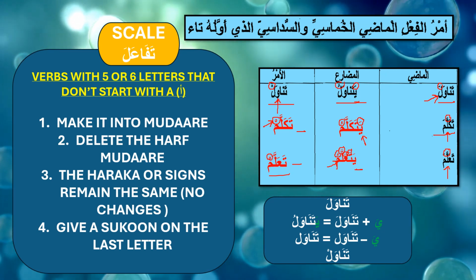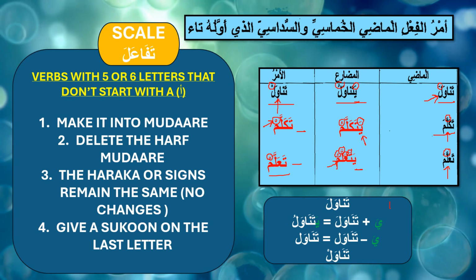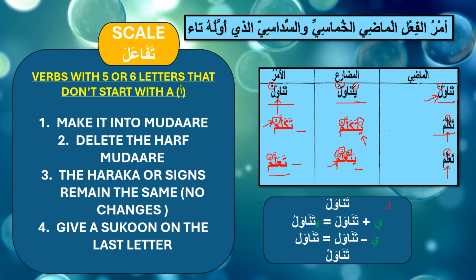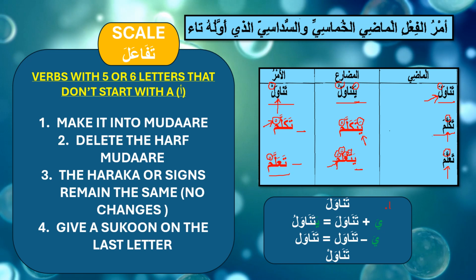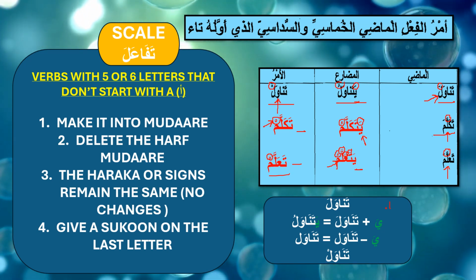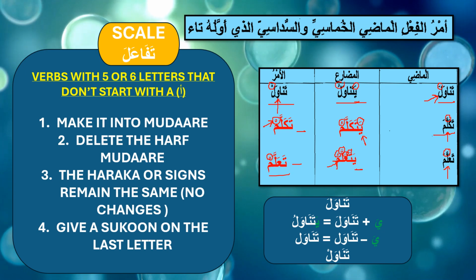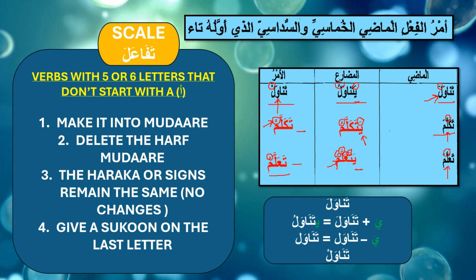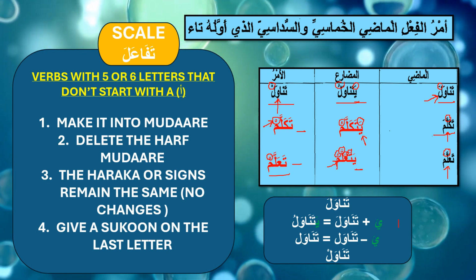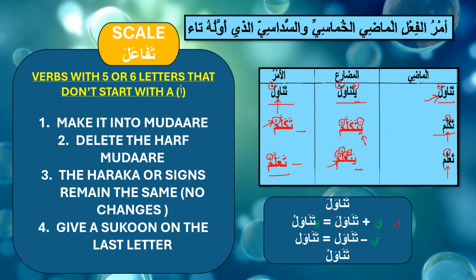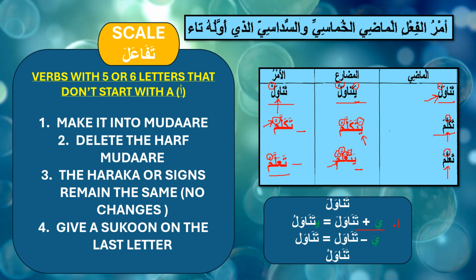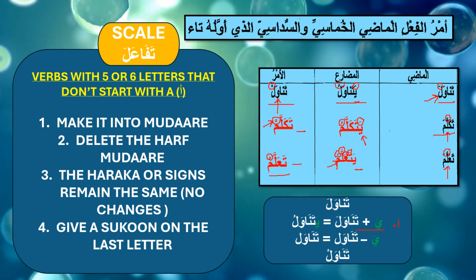So now I have shown you here in the first step what you have to do: make it into a mudare. Here we have taken the verb tanawala. Tanawala means to take. The first step of making it into a command is making it into a mudare by adding the harf mudare with fatha.